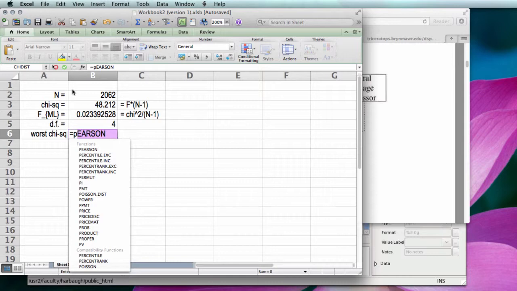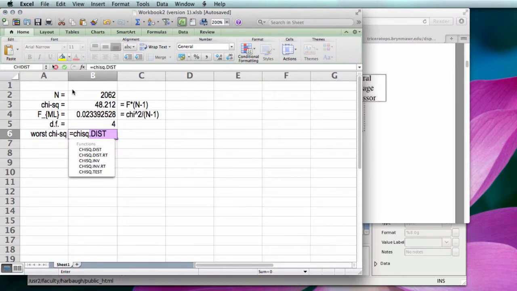It would be CHISQ.INV. I think there's a dot between the Q and the I and V. I want a chi-square inverse of 0.05, and I want 4 degrees of freedom.